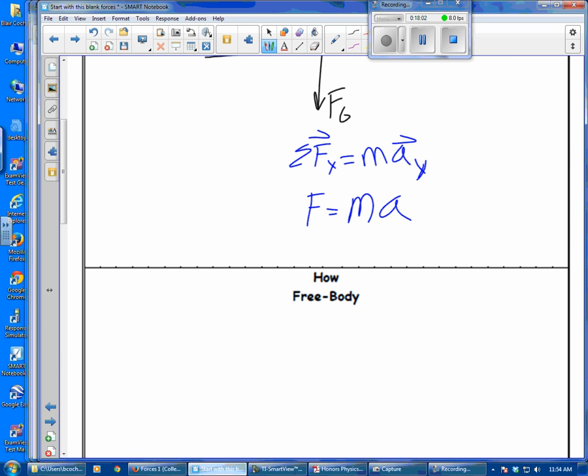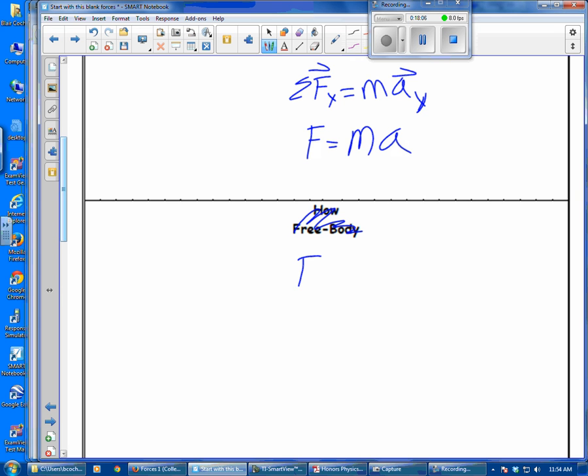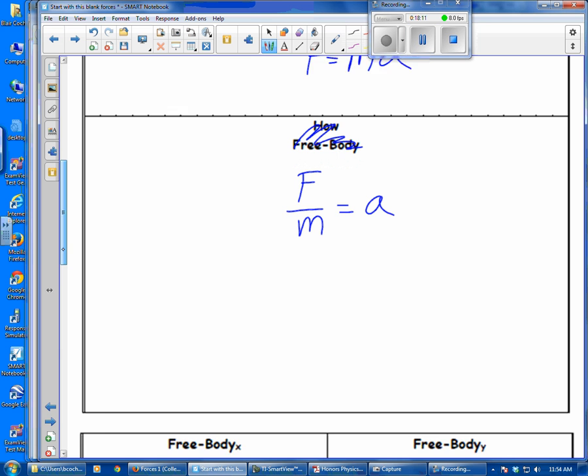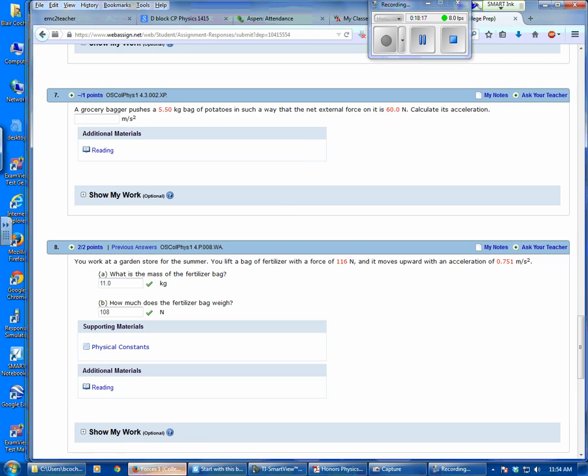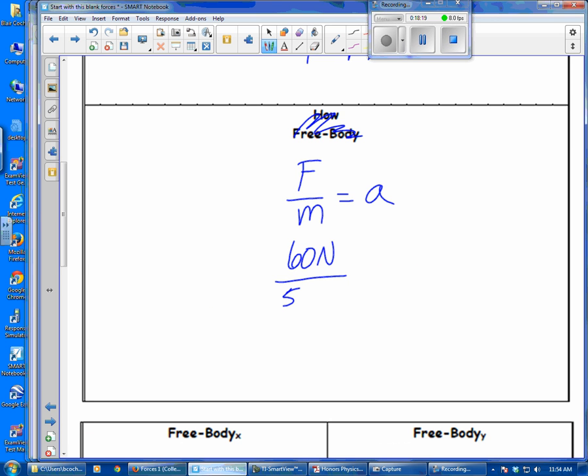So I'm going to rearrange this for the acceleration and have F over M equals A. They tell me this is 60 newtons. Mine was 5.5 kilograms.